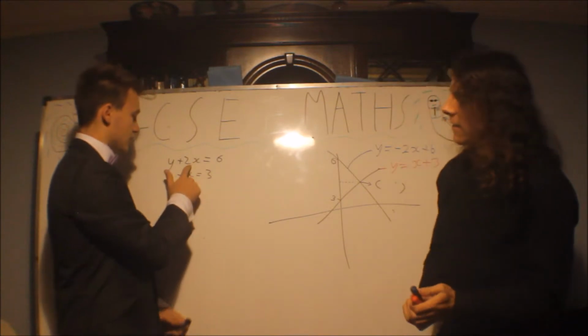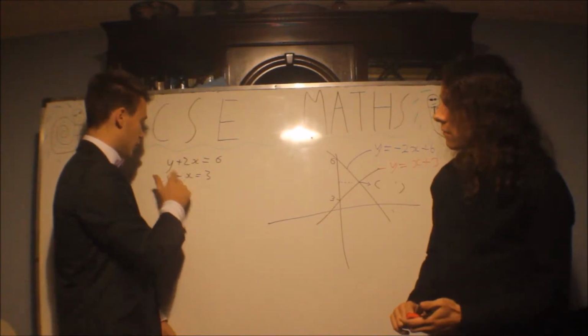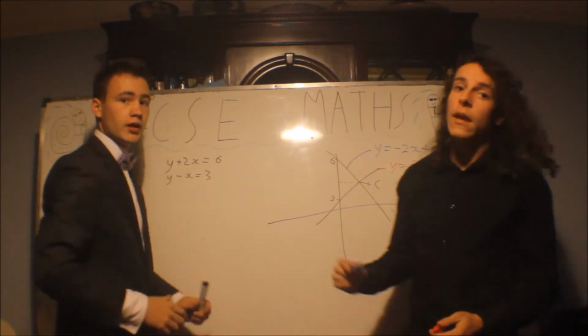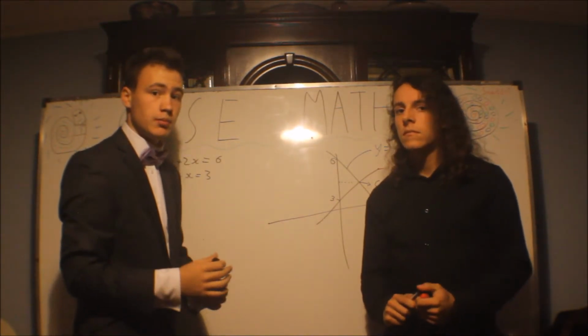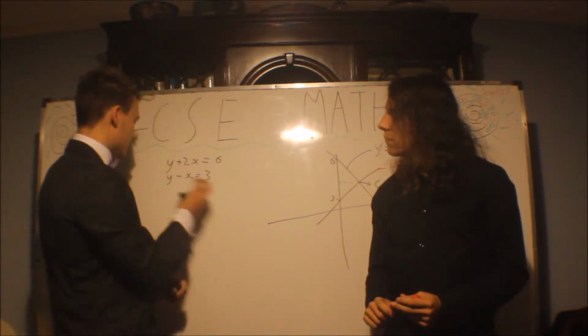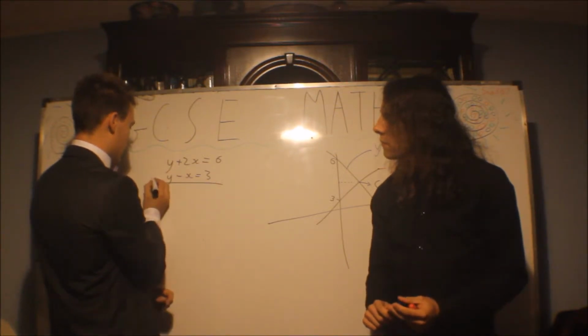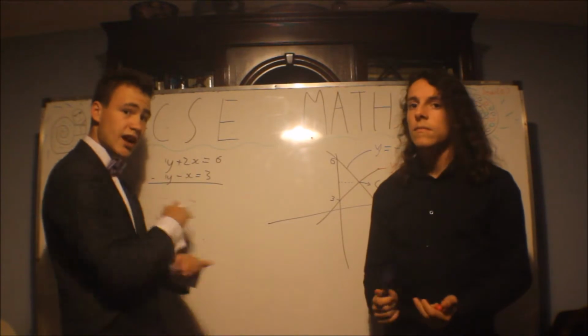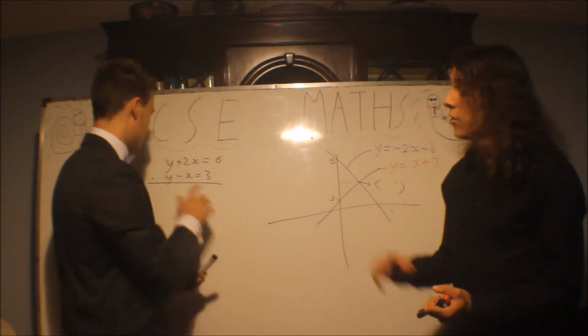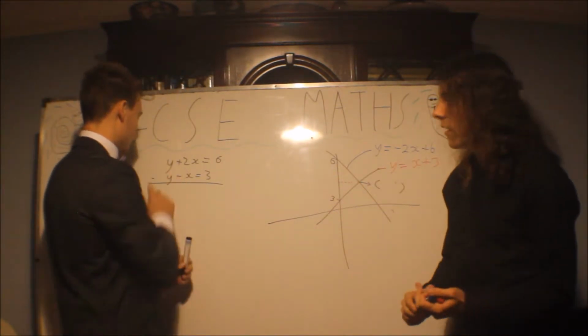Absolutely. So this coefficient is 2, this one's minus 1, and these two are both 1. Now, to eliminate these, you'd have to plus or minus them. So I can see that if we do a minus here, because both of these are invisible 1, if you do 1 minus 1, it would get rid of the y's entirely. Then you can just deal with the x's and work out their value.